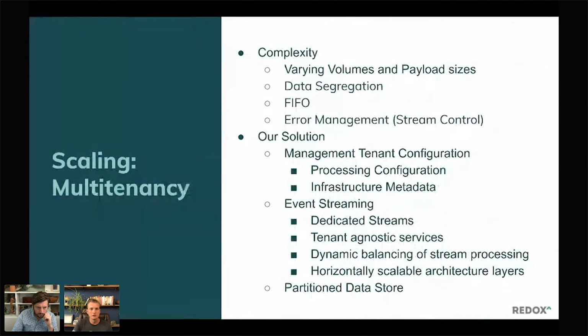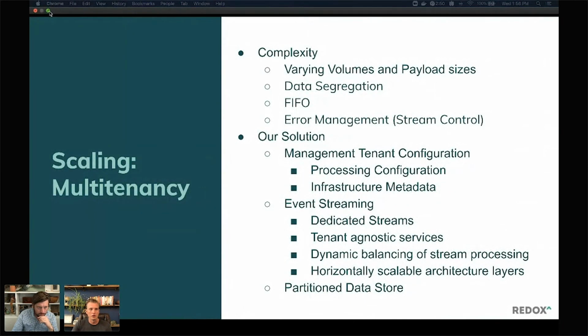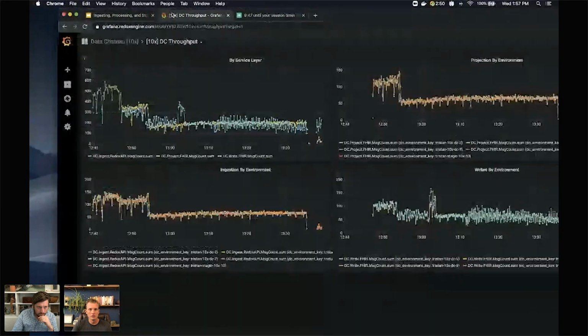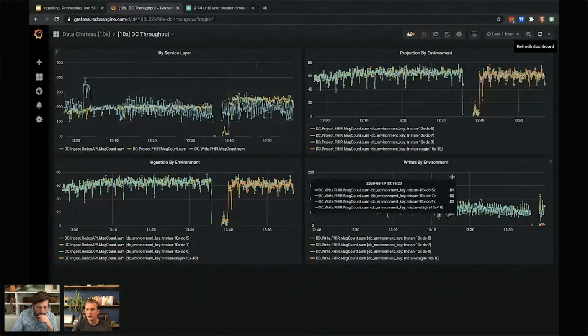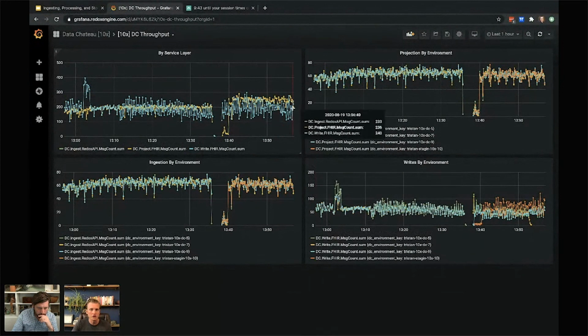Let me find our Grafana. We invested a lot in observability in our new system, and we can actually see if any of our layers are lagging behind, and subsequently scale up that particular layer of our architecture to handle the lag. We can scale them up and down as needed, but that is manual right now.